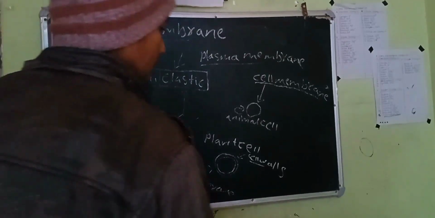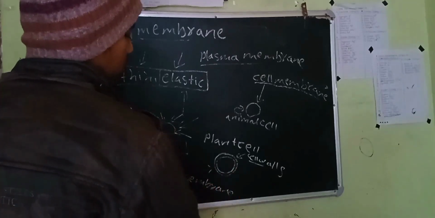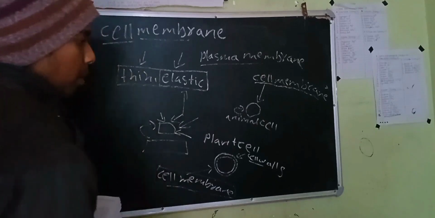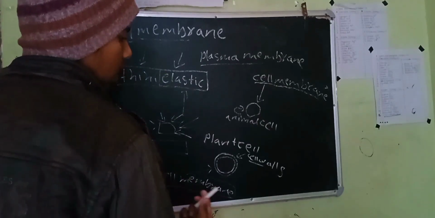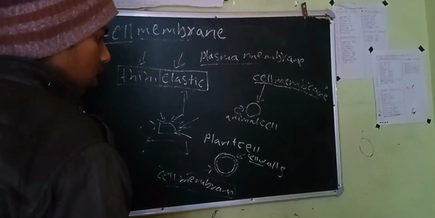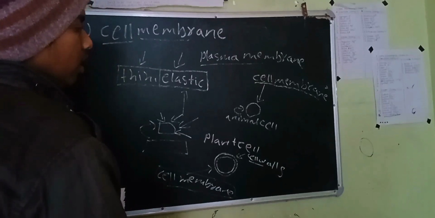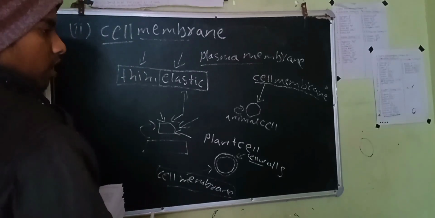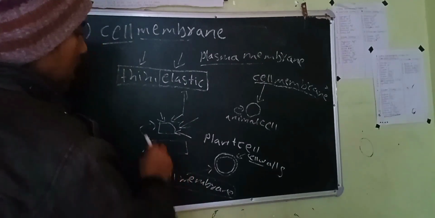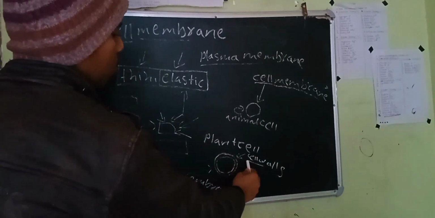But in animal cell, the cell wall is not found. The only layer, the outermost layer, is cell membrane. And this is also one of the reasons that animal cell is irregular in shape. The reason animal cell is irregular in shape is because it does not have a cell wall.